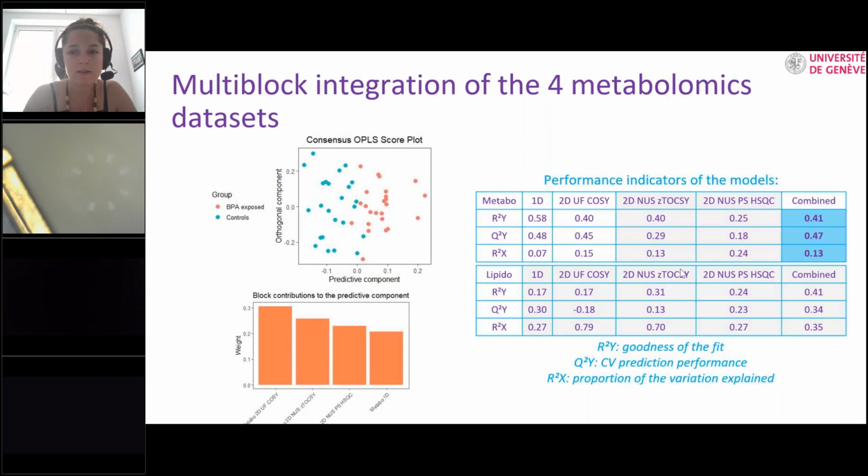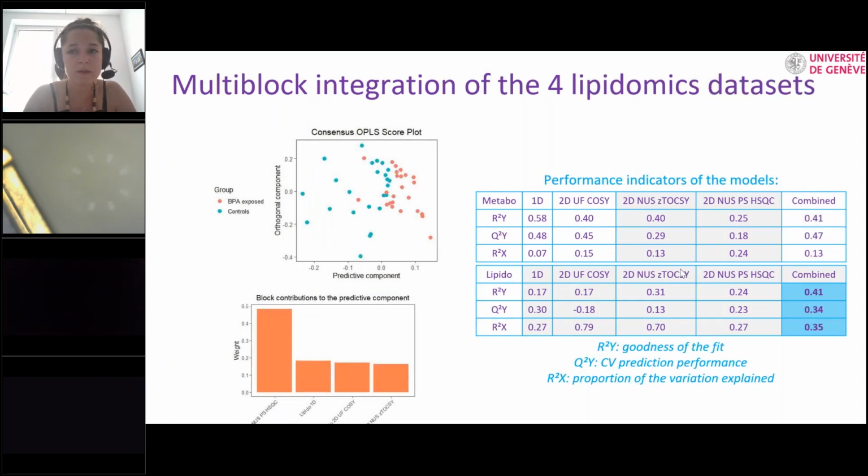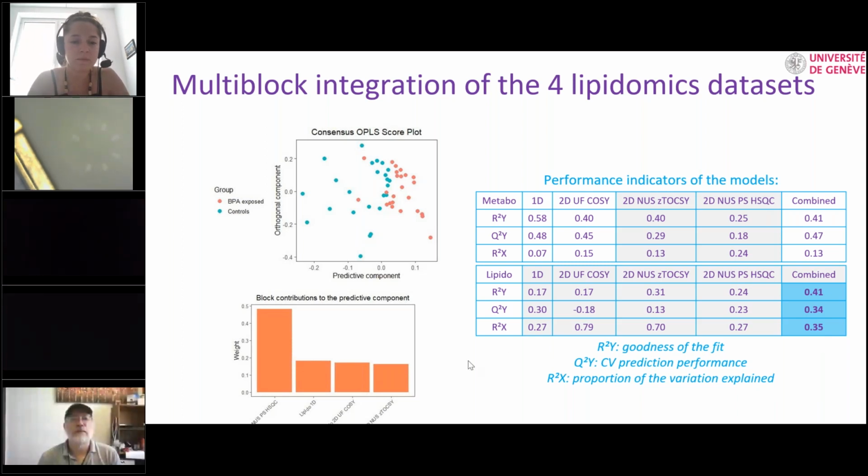If we look now at the lipidomics datasets all combined, we managed to increase also the Q square and the R square, still capturing a large part of the variability compared to metabolomics particularly. And once again, it's one of the 2D NMR datasets that is managing to capture most of the variability between the samples.